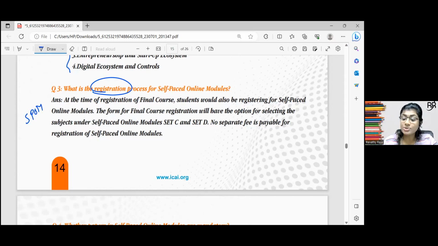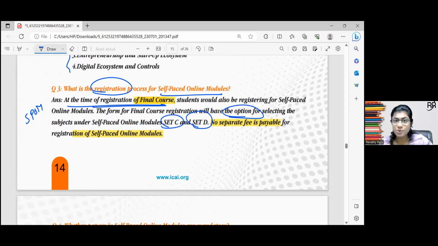So the registration for the same has to be done at the time of registration for the final course, and there is no separate fee payable for the same. For the final, we pay the fees, right? Along with that, we can register for the SPOM, and we have the option to choose the subjects for set C and set D. So that is the registration process.